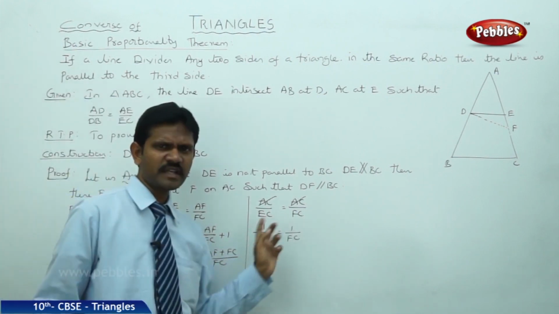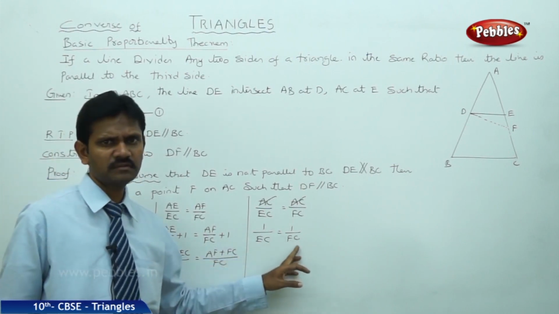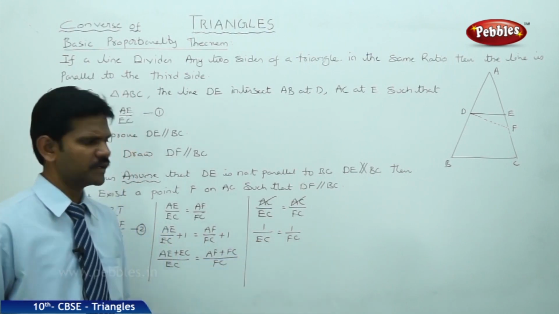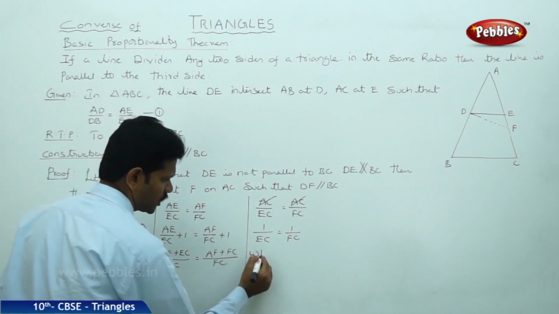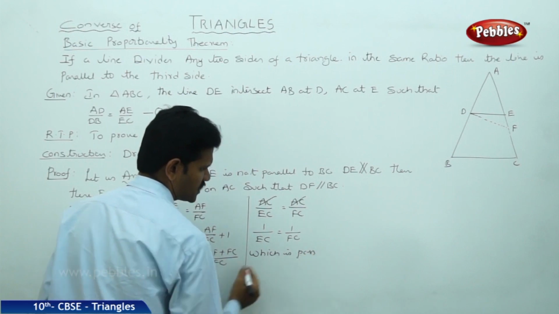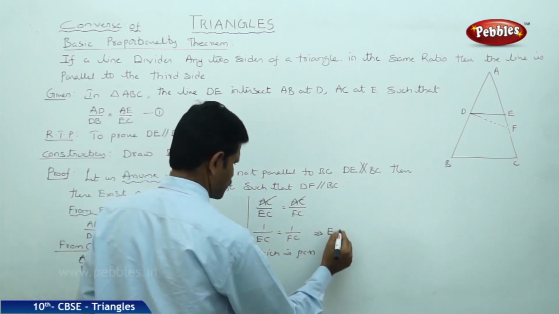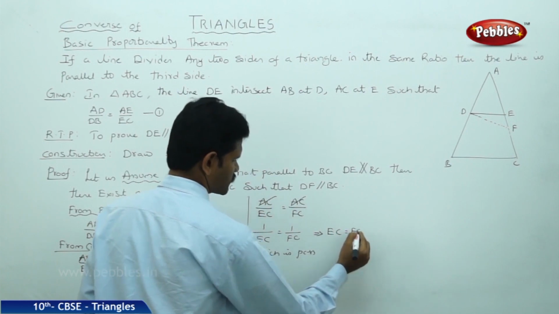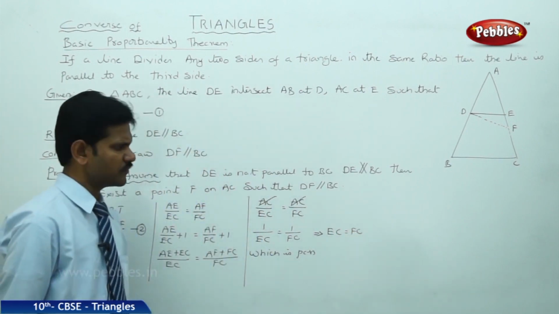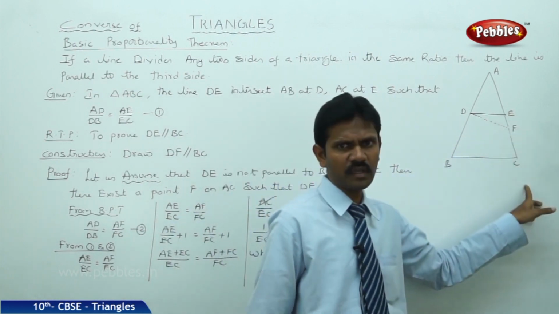Now here numerators are again same and denominators are also, C is the common and E and F are different, which is possible, that is, this implies numerators are same, means we can write EC is equal to FC. That is, from the diagram, will EC and FC be equal?